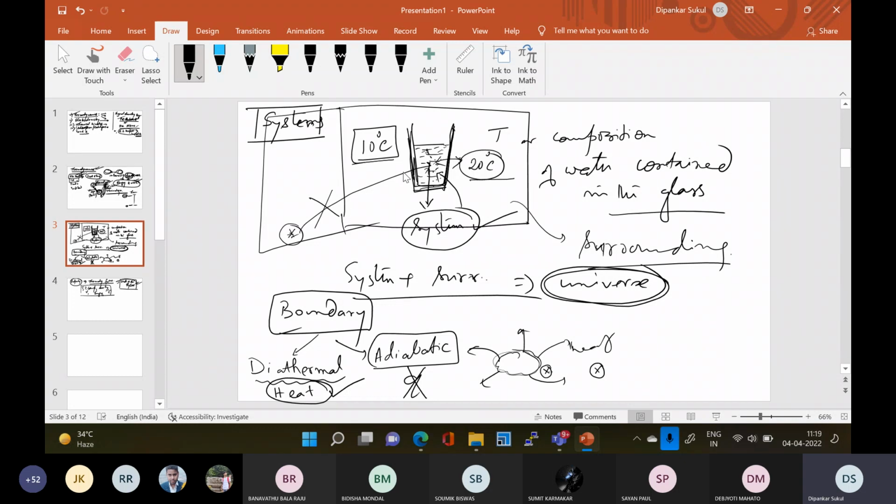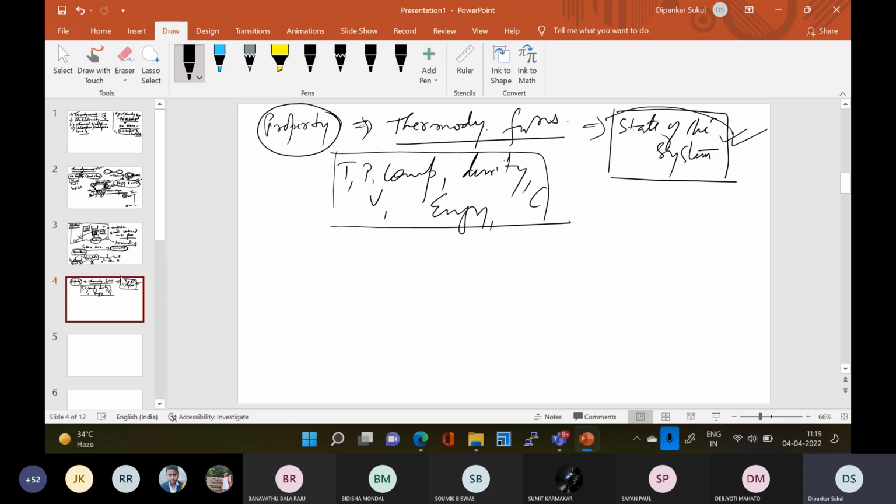If 10 degrees centigrade corresponds to state 1, then 20 degrees centigrade will correspond to state 2, just a different state. So in that way, these properties, that is, those thermodynamic functions, define the state of the system. Now, a property, we can define it in various ways.